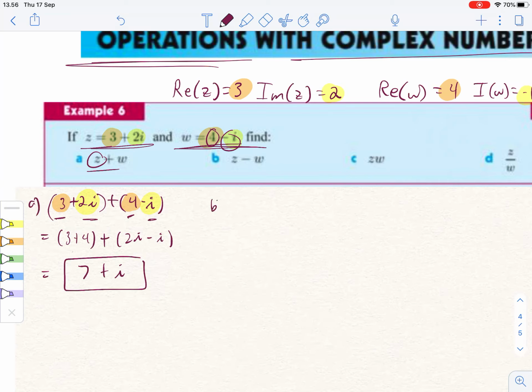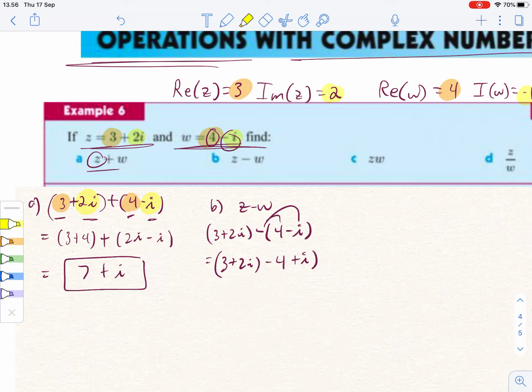That's A. For B, we're subtracting, so z minus w. So that gives me 3 plus 2i minus (4 minus i). I'm going to go ahead and just distribute this negative to both terms there. So 3 plus 2i minus 4 plus i.